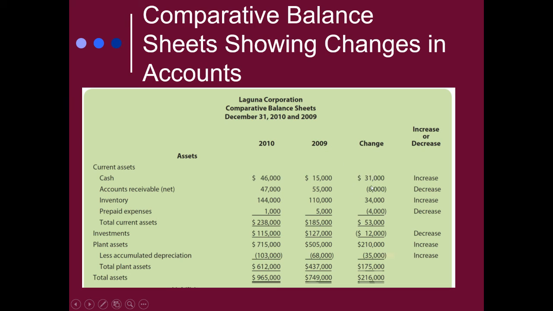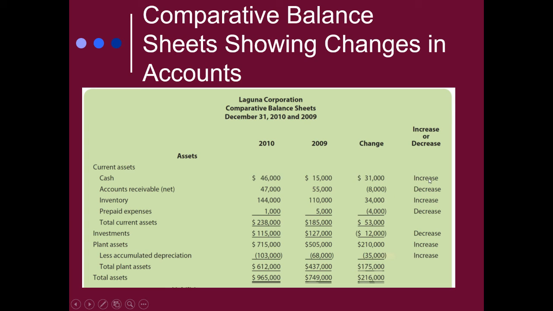So this will show the change, and the change is positive because there is an increase from the prior year to the current year. So you can change whether you want to use the prior year here and the current year here, or use this format, because the change will be the same, only that you have to remember whether this is an increase or this is a decrease.